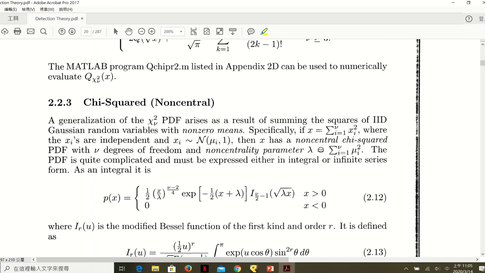I'm saying that this is actually very often. We practice this in many engineering problems. Then the PDF is complicated, so we'll just write it out here.